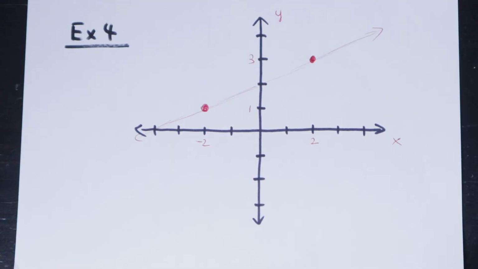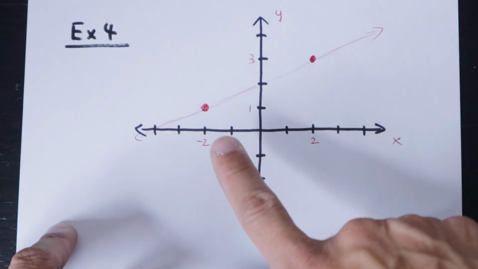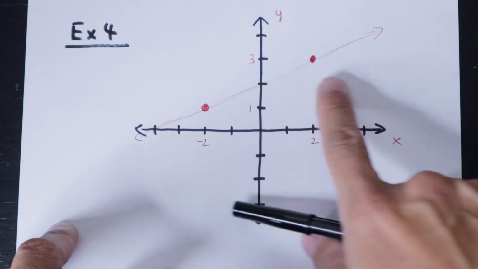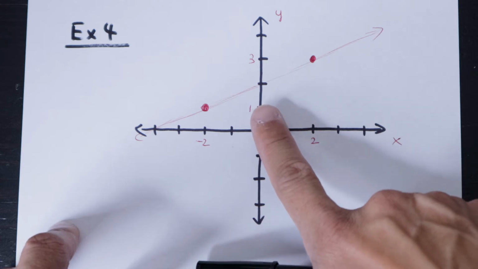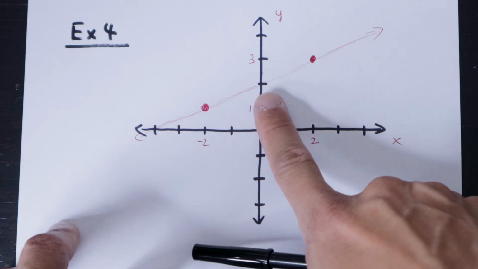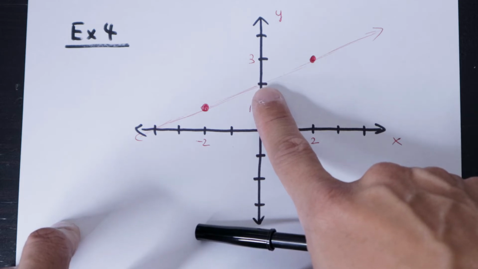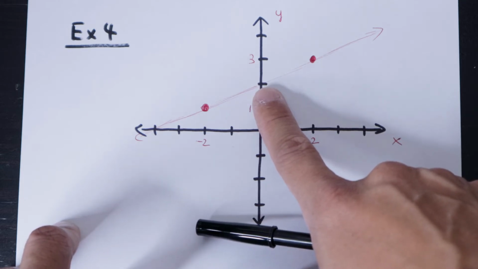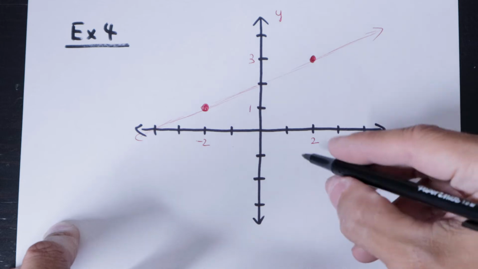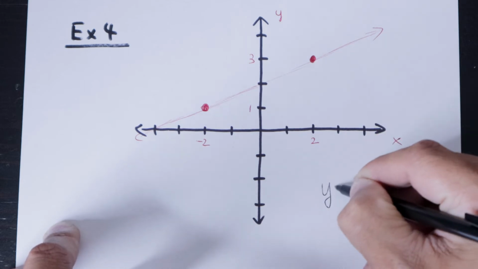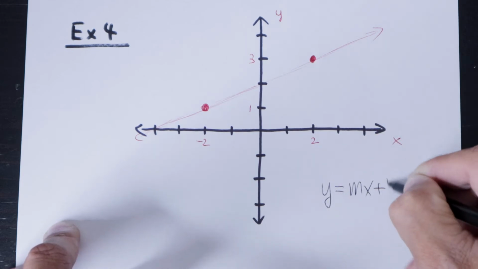Alright, this is an extra example, which is example 4. Here you're going to see a graph where you have 2 points, and it looks like the y-intercept is not a point, but it seems to be crossing at a tick mark, so we know that it's going to be a whole number. So remember, the slope-intercept form is y equals mx plus b.